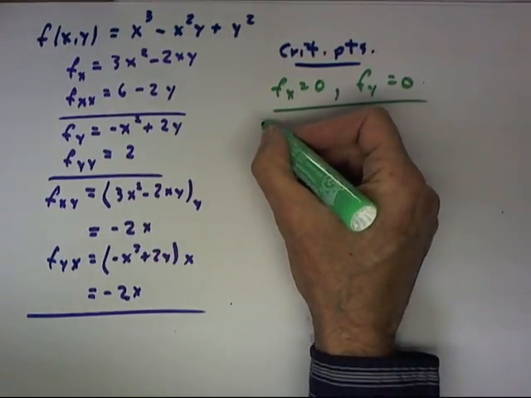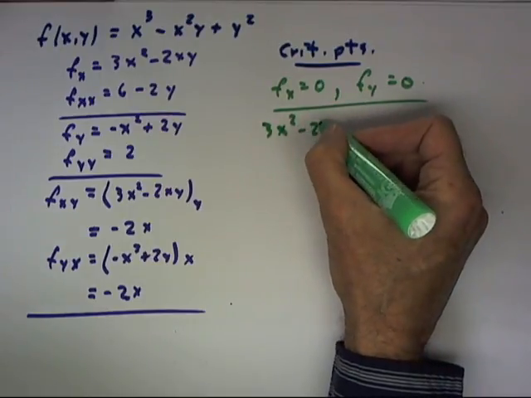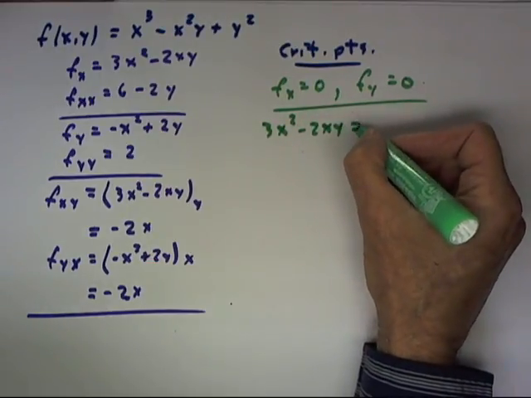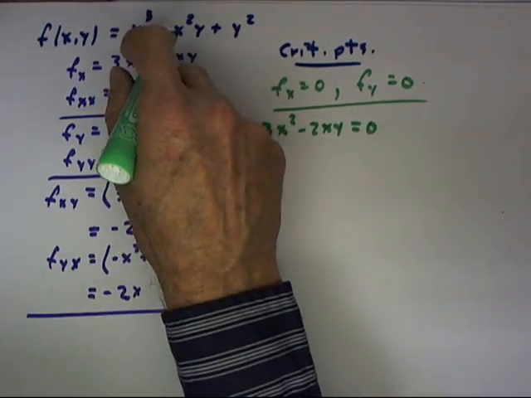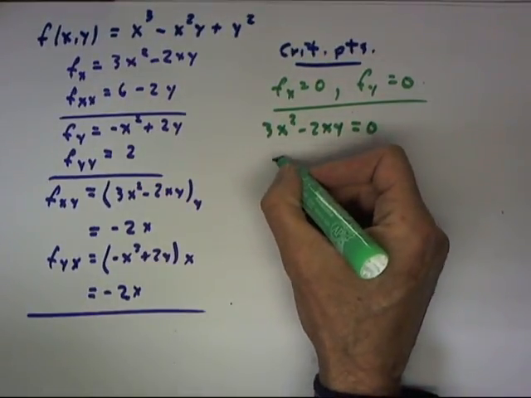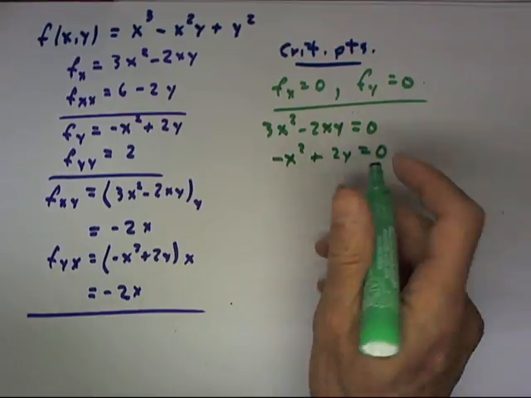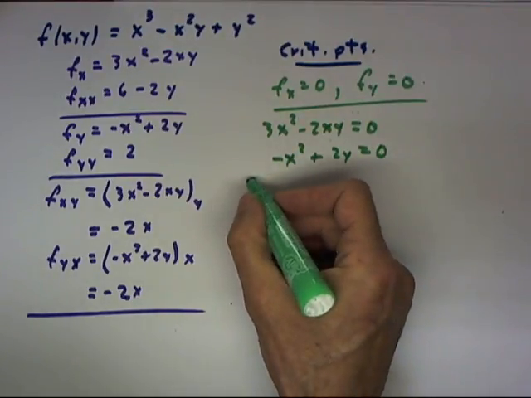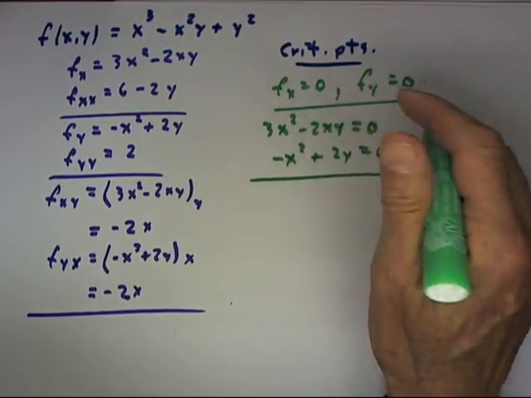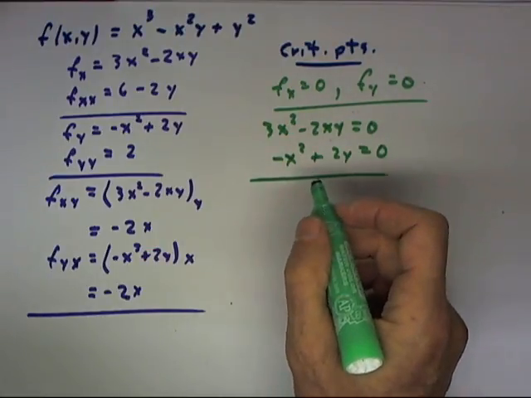Fx is 3x squared minus 2xy, so that should equal 0, and fy is negative x squared plus 2y, which should at the same time equal 0. We get then this set of simultaneous equations.